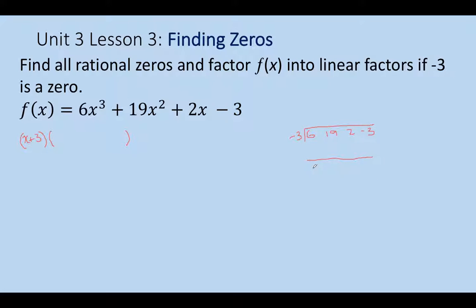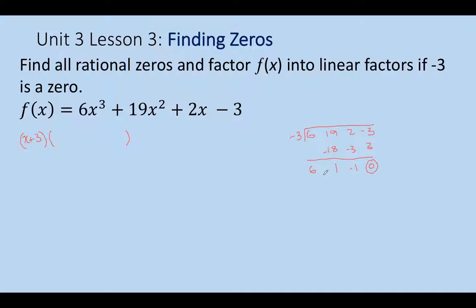All right, well, I bring down the 6. Now I've got negative 18, so positive 1 gives me negative 3, and 2 minus 3 would be negative 1. So that gives me positive 3, and of course my remainder is going to be 0 because, well, it said negative 3 is a 0, so my remainder should be 0.